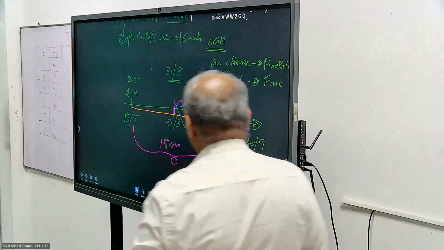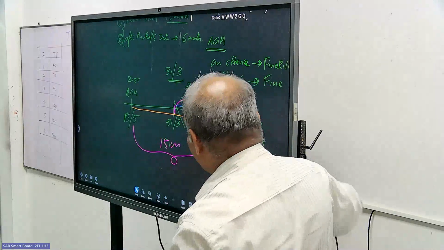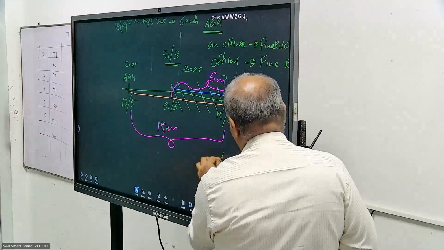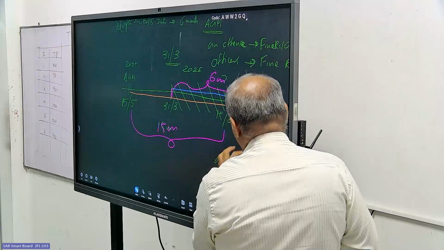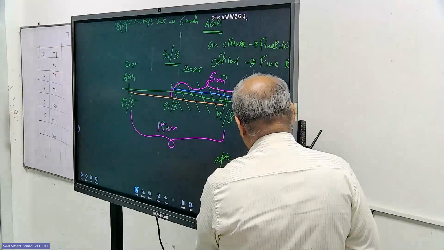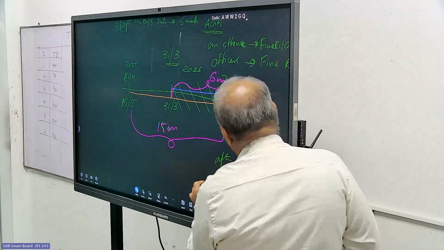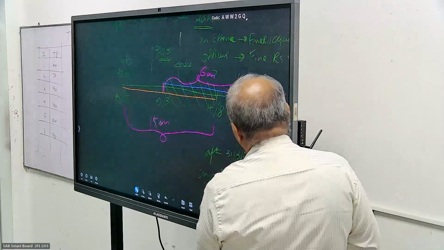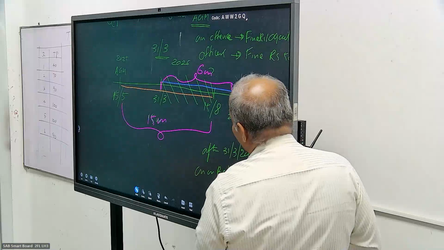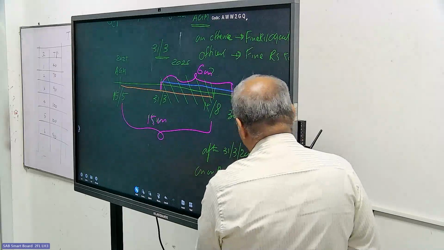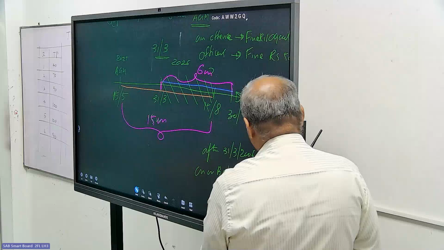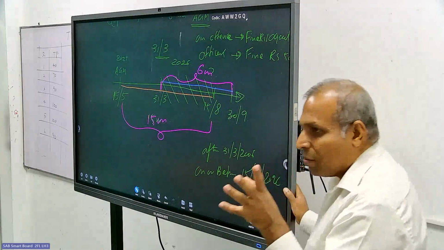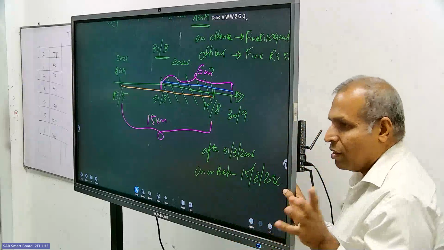Therefore, the period is after 31st of March 2026 but before 15 August 2026. During this period, this company must hold its AGM for 2026.